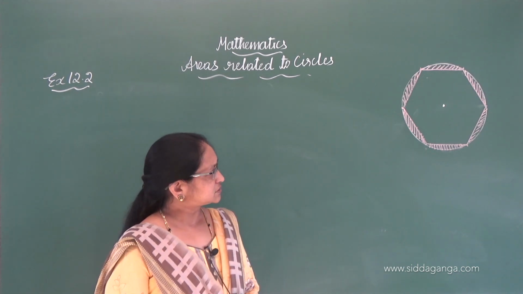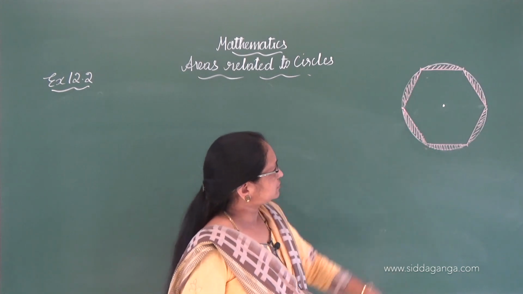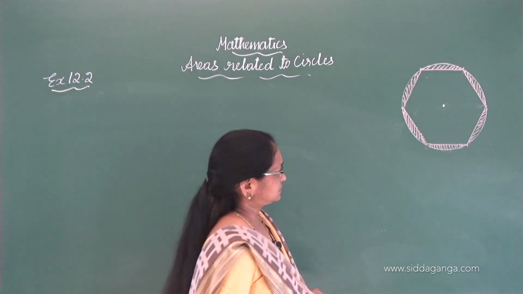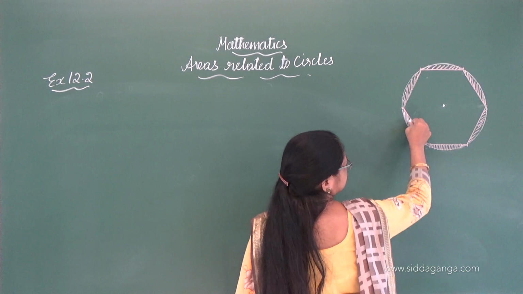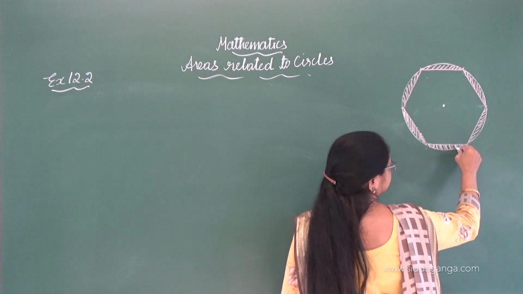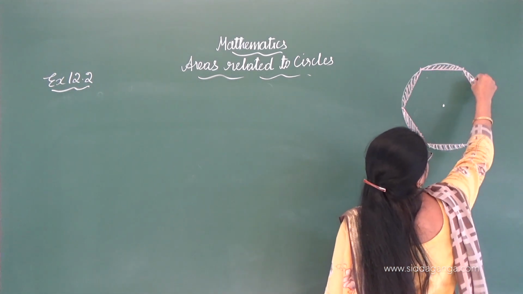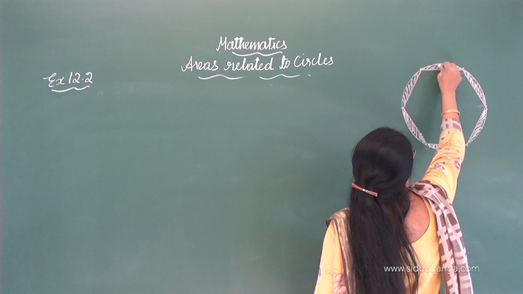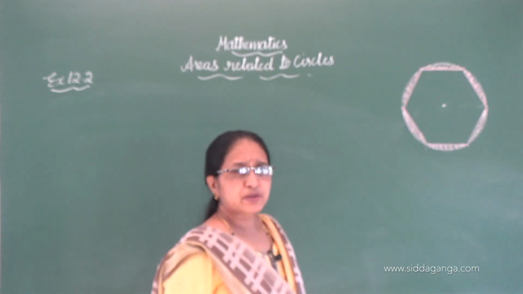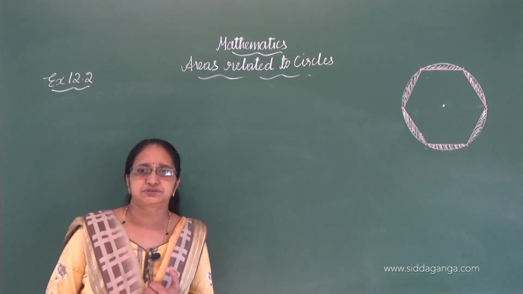First, this is the table cover which I have drawn for you, and the design covered is here. This is the design. Now see here, two things you should note.